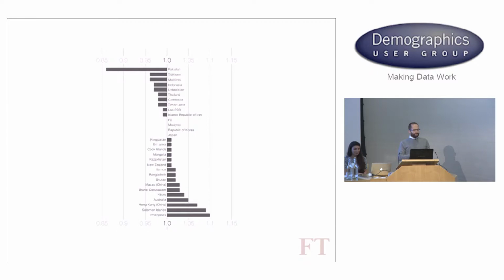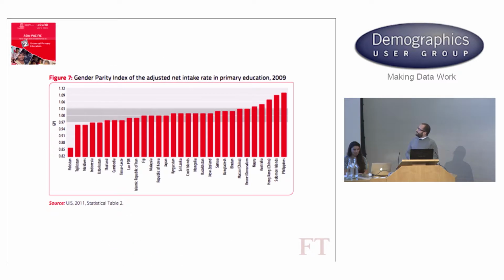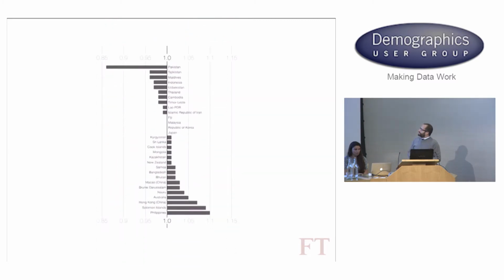So the visualization is now showing us variation from equality. And just that one act, if I go back to the original, look at Pakistan on the original. You probably didn't spot it very quickly because it's the smallest bar tucked away in the bottom left-hand corner. On the transformed version, Pakistan is that first bar.